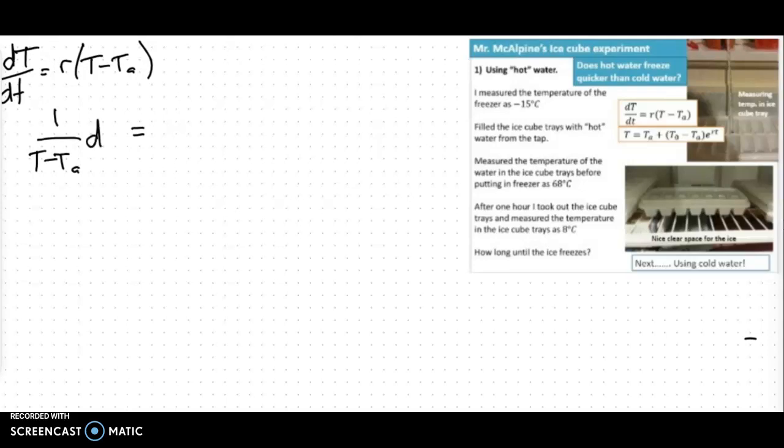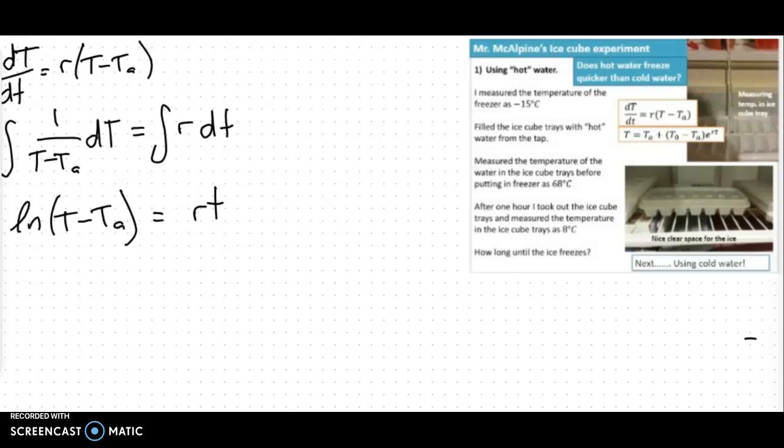And dT stays there, and now magically the integration sign appears, the r stays there, and dt for time, and the integration goes there. So this is going to integrate to ln of all of that, and this is just going to go to rt plus c.